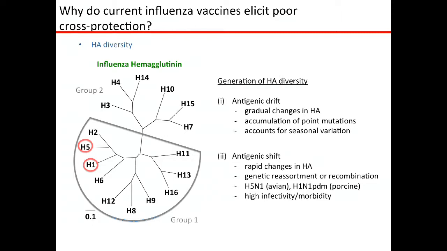For example, H5N1 was an avian reassortment, and pandemic H1N1 was a reassortment from an H1N1 from a pig. And clearly we know a lot about pandemic H1N1 because in 2009 we just got over a pandemic where lots of people died.